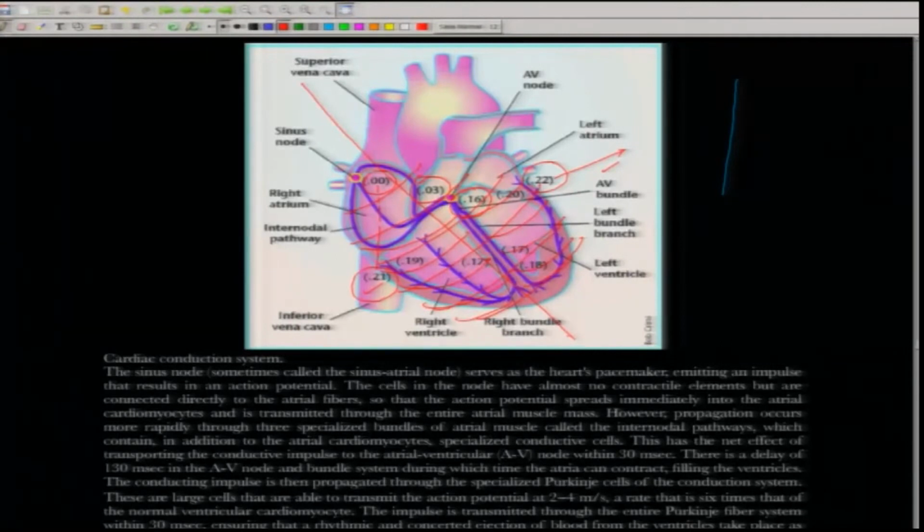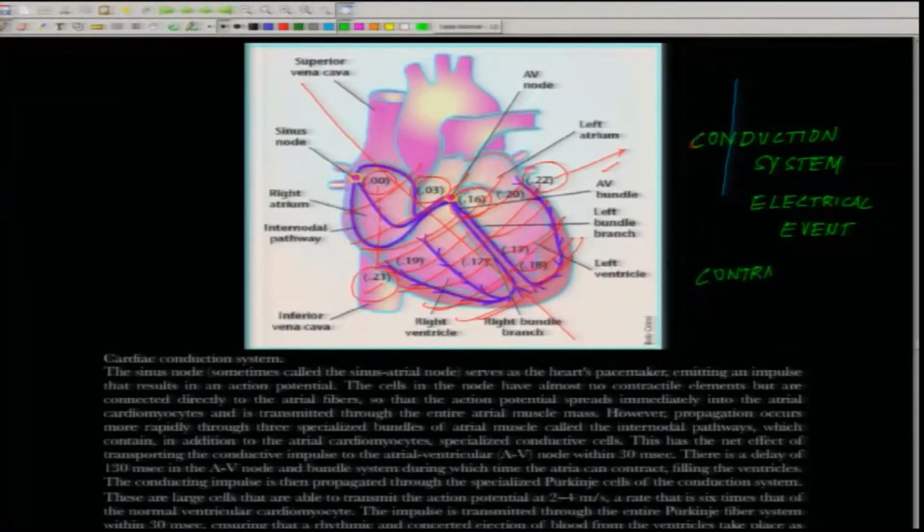There are two electrical events and one mechanical event which are happening. This is the conduction system electrical event, and the contraction system, which is the action potential of the cardiac myocytes.